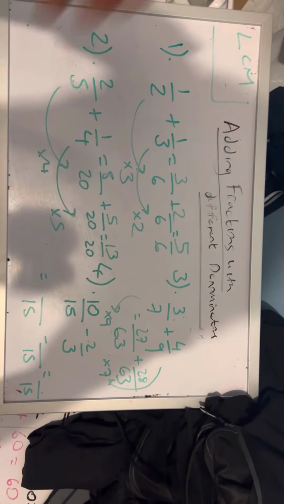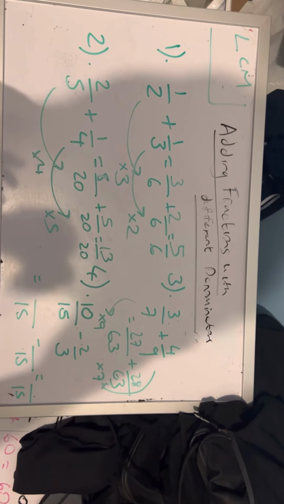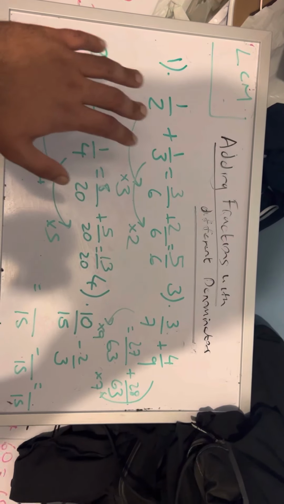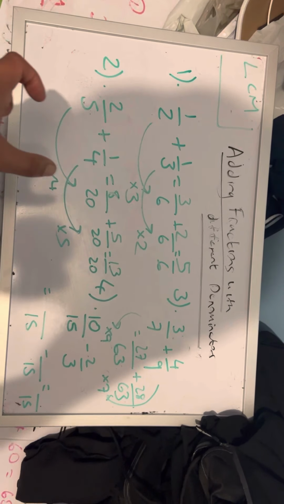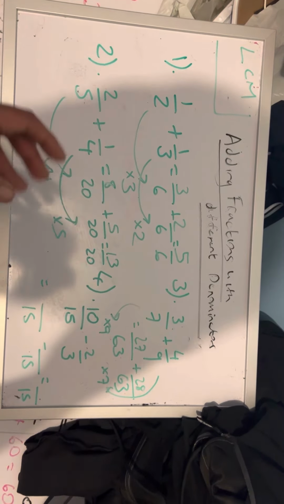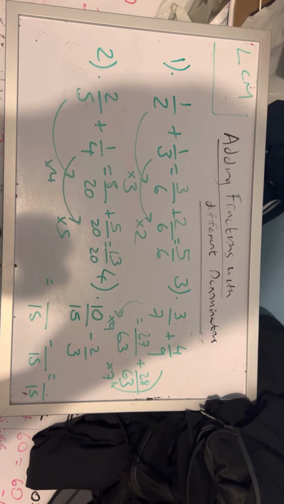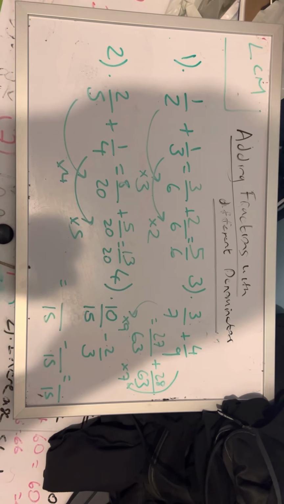It's what I call the lowest common multiple, the LCM of a number. For question 1, the LCM of 2 and 3 is usually worked out by multiplying the two bottom numbers together. But there are exceptions to that rule, and I'm going to explain that exception when we look at question number 4, guys.